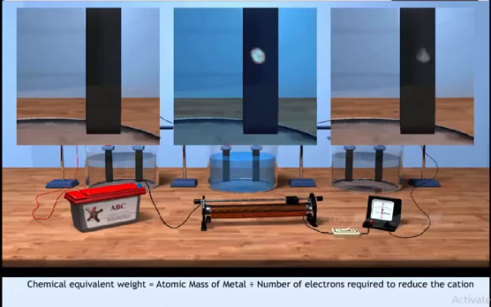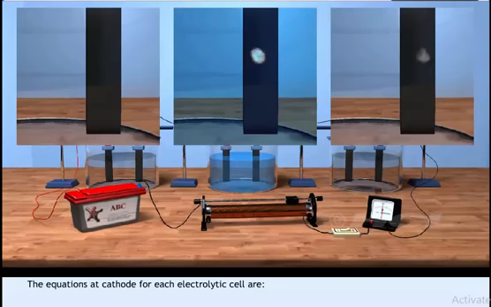Now, the chemical equivalent weight is equal to atomic mass of metal divided by number of electrons required to reduce the cation. The equations at cathode for each electrolytic cell are: In cell 1 we have H+ aqueous plus electron giving 1/2 H2.